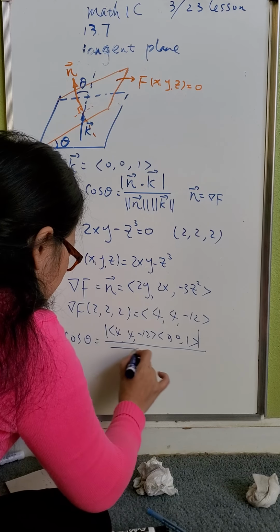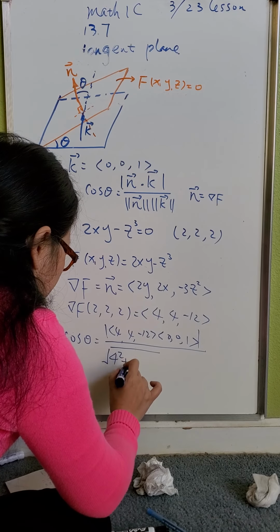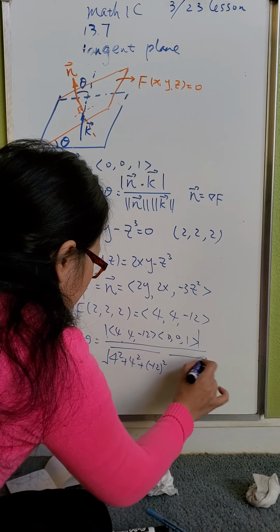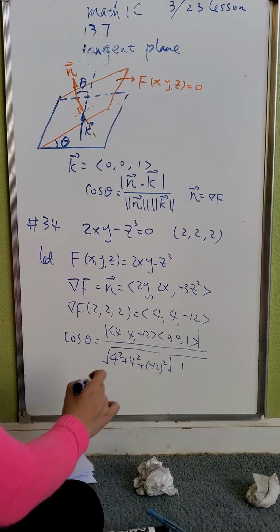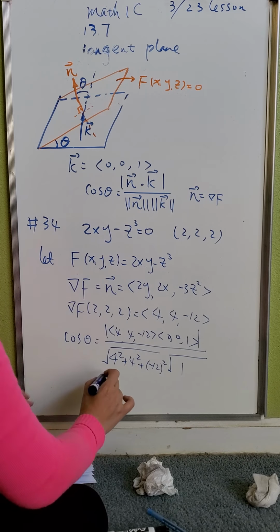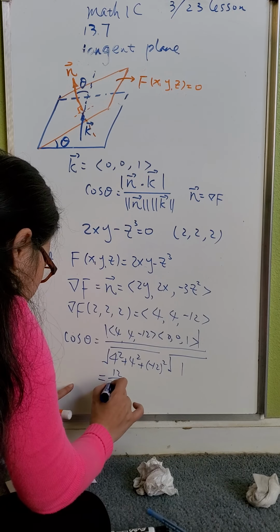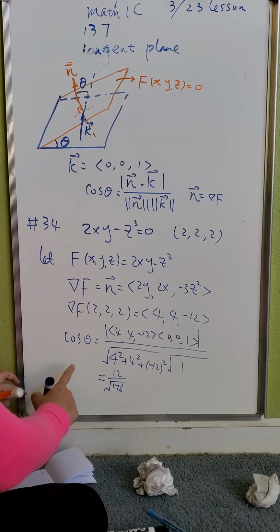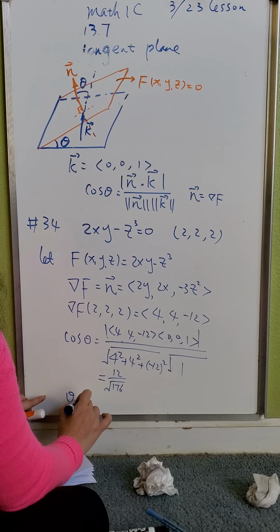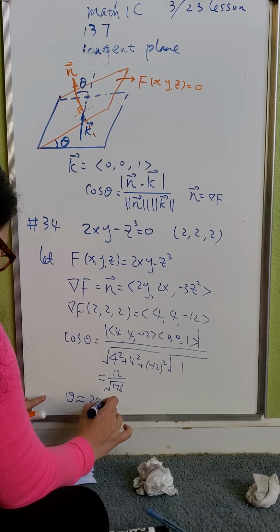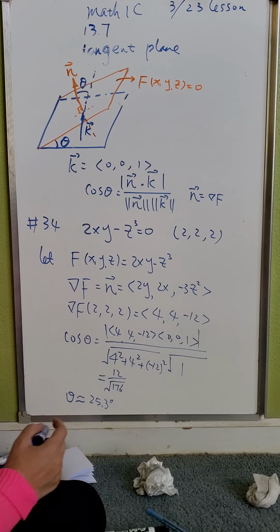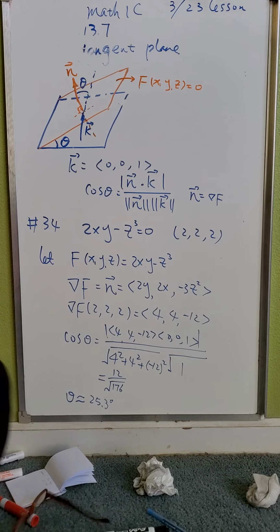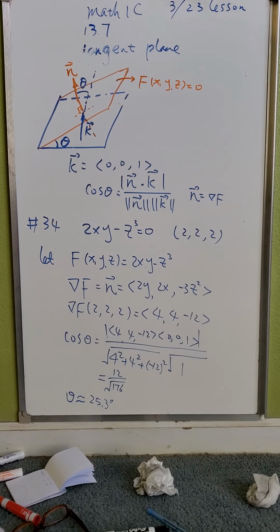The length of N is the square root of 4 squared plus 4 squared plus negative 12 squared, and the length of K is just 1. It comes out equal to 12 over the square root of 176. Use your calculator, and theta is approximately 25.3 degrees. So that's how you find the angle between the tangent plane and the surface. And that wraps up today's lesson.